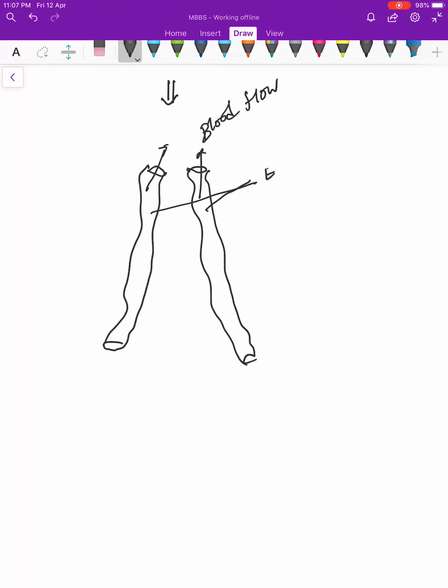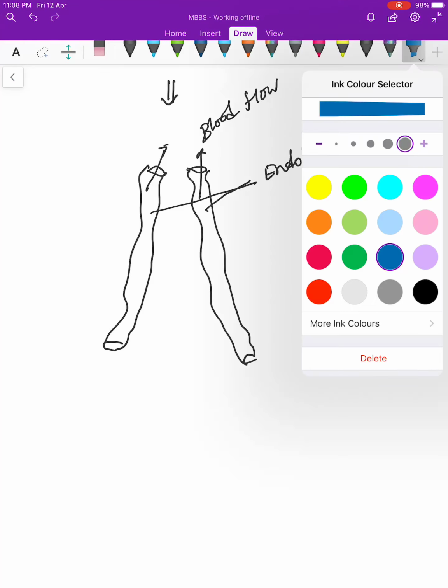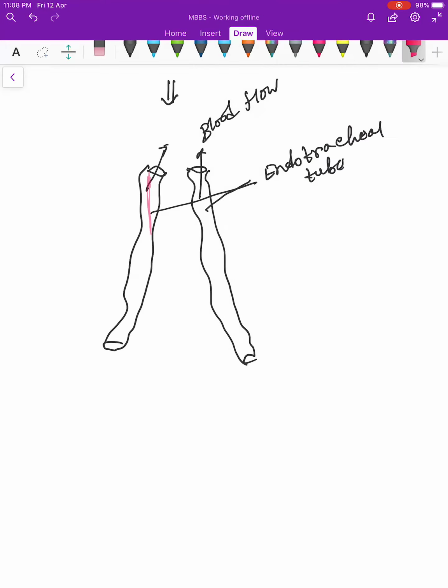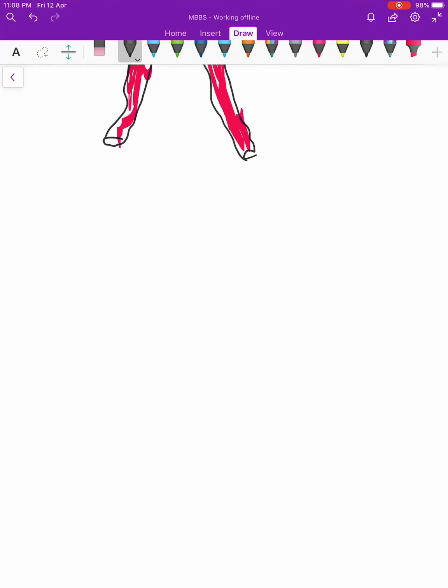This is the endocardial tube. Next, what happens?